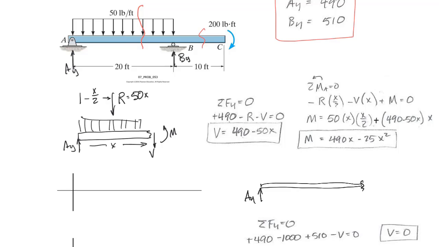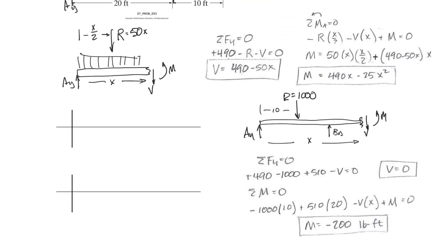This is my little section there. I have a distributed force here, and its resultant is equal to 50 times 20, which is equal to 1,000, and it acts at a distance of 10. I have BY, then I have positive shear, positive moment. My whole distance is x this way.